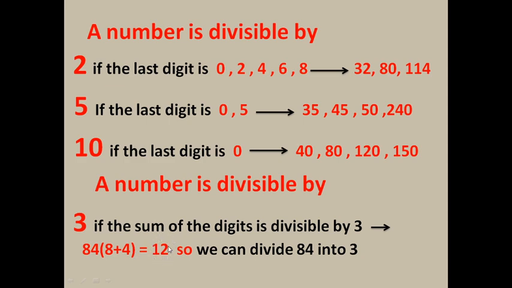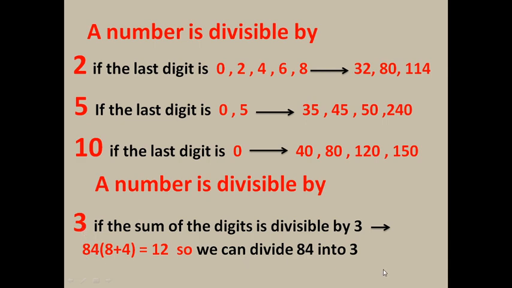So 12, we can divide by 3, and the answer will be 4. So 84 is divisible by 3. If you add the digits and the answer can be divided by 3, then this number is divisible by 3.